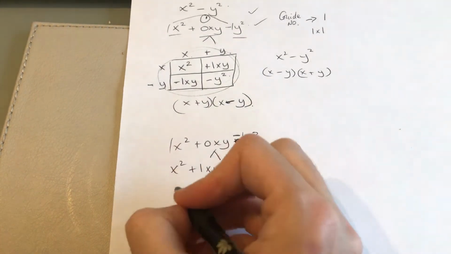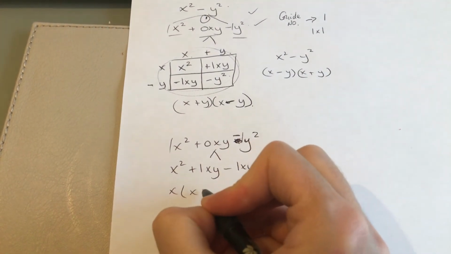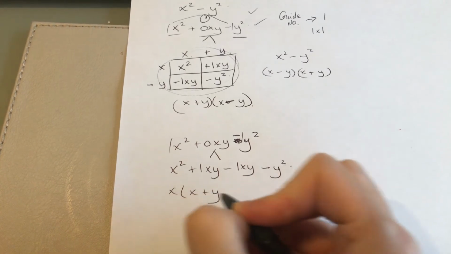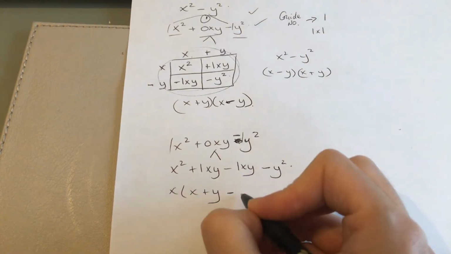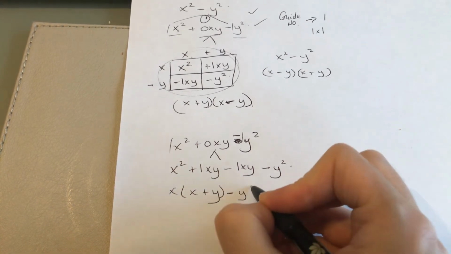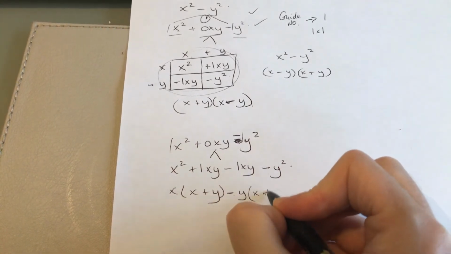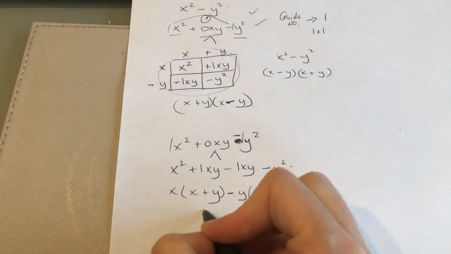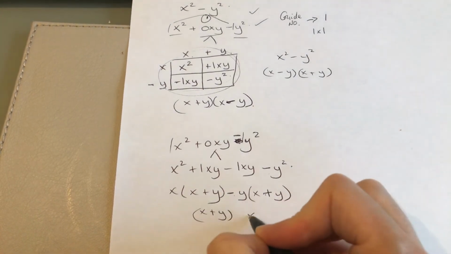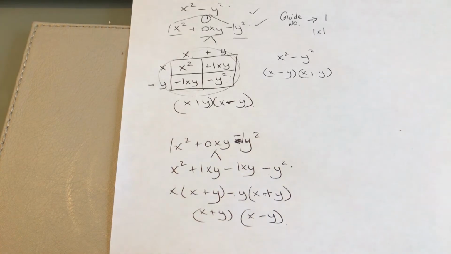What's common here? X. What's left? X plus y. Minus, what's common here? A y. What's left? X and then plus y. I know I'm right. X plus y is one bracket and x minus y is the other bracket.